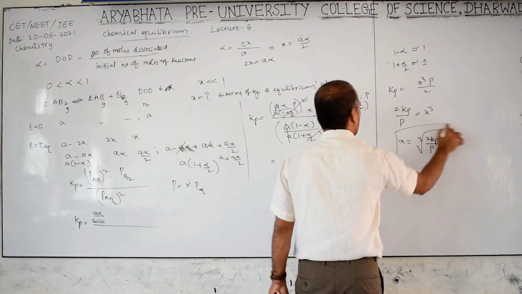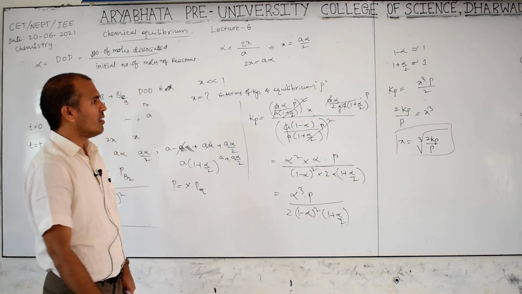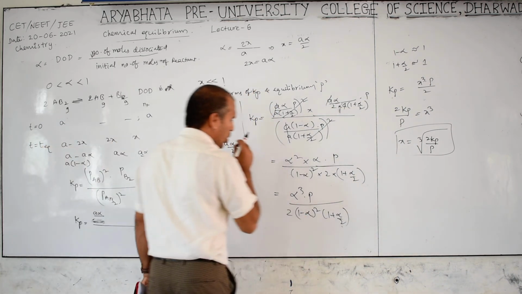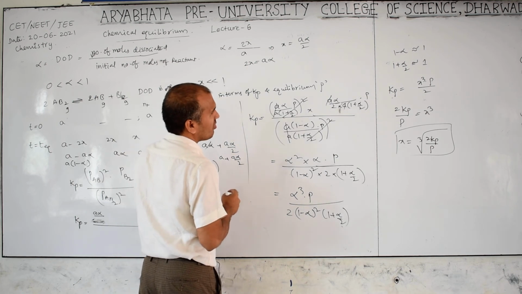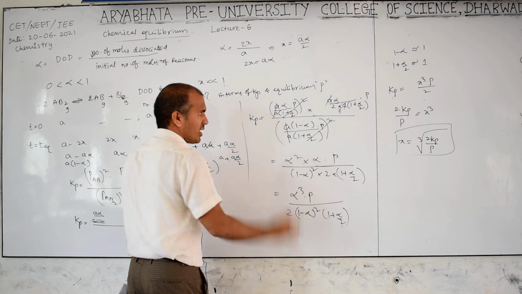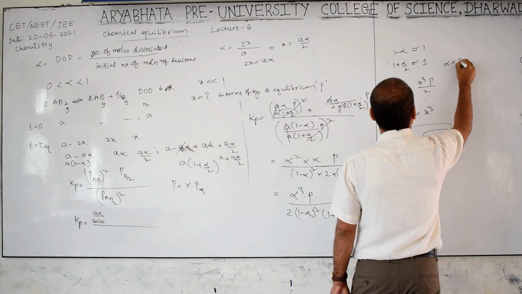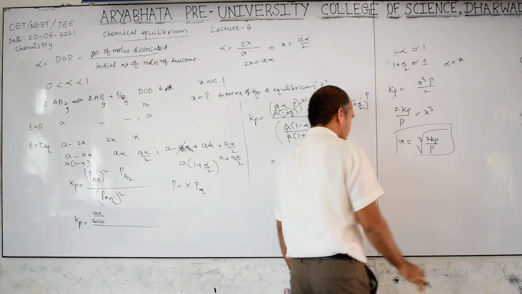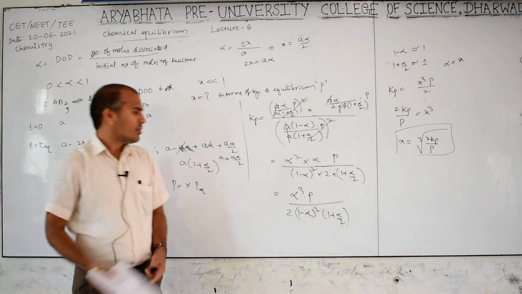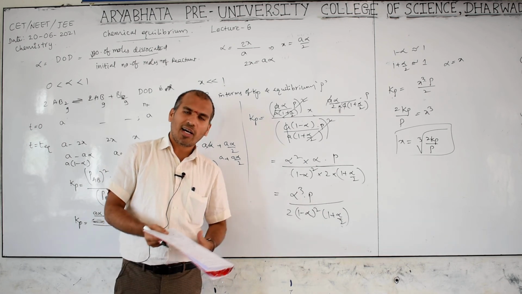This is the expression. Okay, but you should know that alpha is nothing but x, that's why I wrote directly x cube. Don't think about how this x came. Alpha is equal to x, therefore I wrote x cube here. So you have to learn mathematically where we have to neglect alpha.